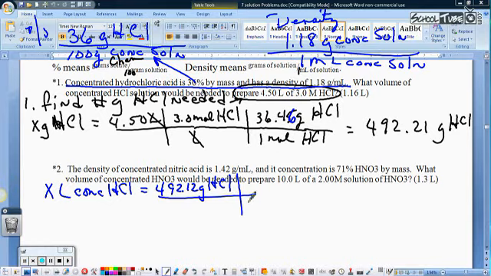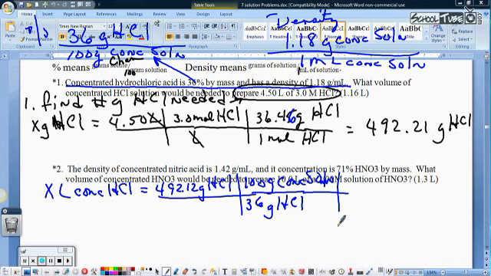Reverse it. So 36 grams HCl, 100 grams concentrated solution. Now I've got grams of concentrated solution. What do I need to do? I'm looking for a volume of concentrated, aren't I?